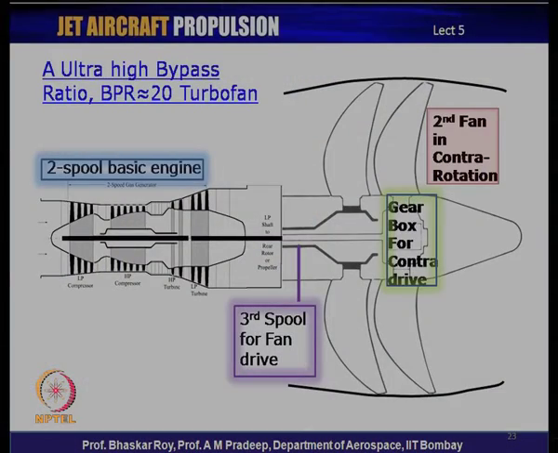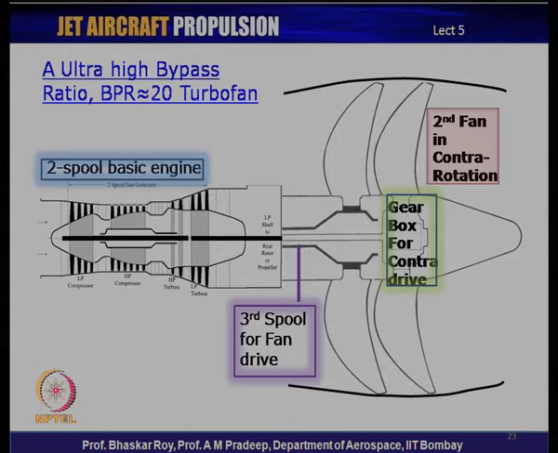I will leave you today with one more engine, which is called the prop fan engine. This is a very high bypass engine, with a bypass ratio of the order of 20, and it has huge fans.